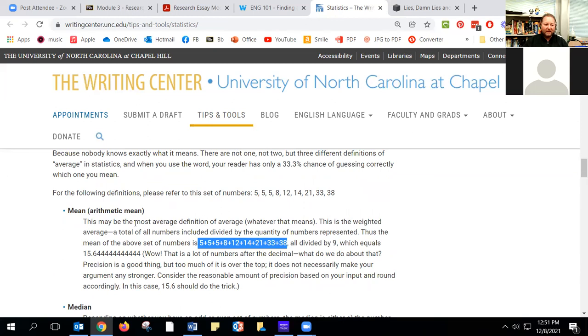So based on the mean of 15.6, the median of 12, and the mode of 5, we have 3 drastically different averages, right? And you could choose to use these things to support a faulty argument, right? Let's say this was information collected from some kind of survey. And it said, well, in the survey, only 15.6% of people were for the sale of recreational marijuana.